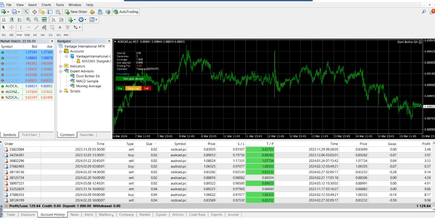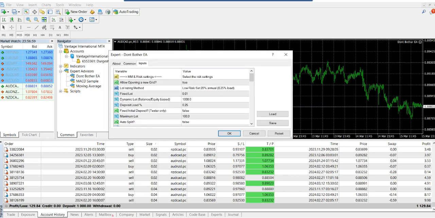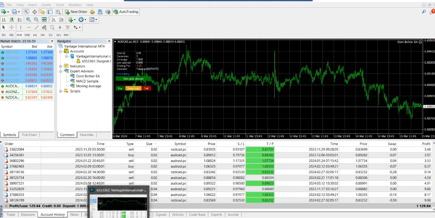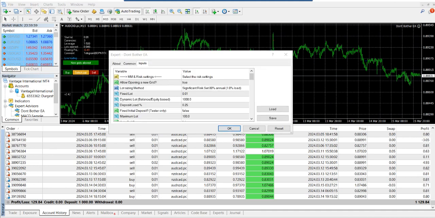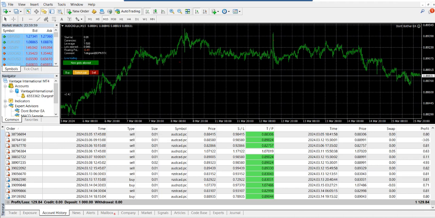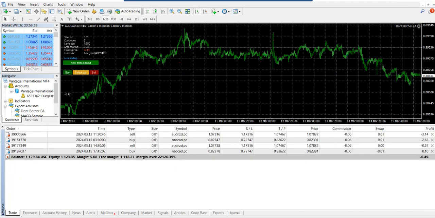It is very amazing. You see here we were using low risk, and on this one we are using significant risk. So we are using two different risk levels, but to my surprise the results are almost the same. Anyways, these are the trades going on right now, similar kinds of trades.